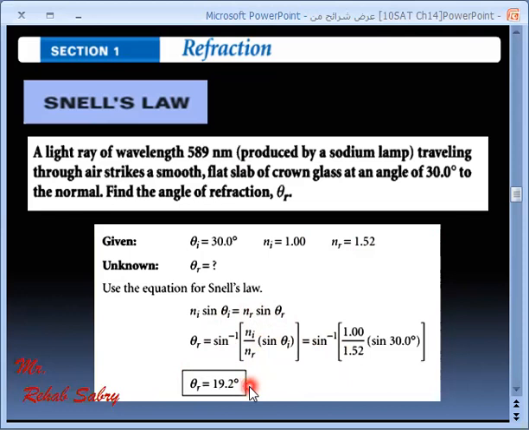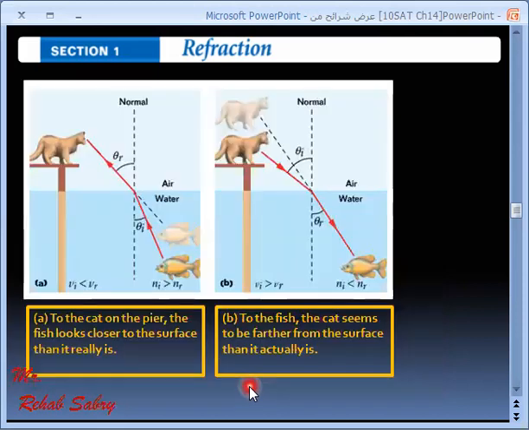Finally, here, the two cases we talked about. The cat sees the fish by the light waves coming from the body of the fish.